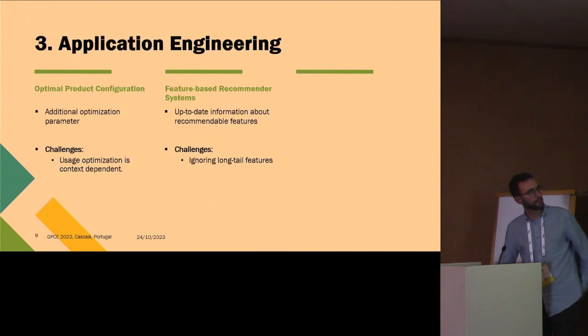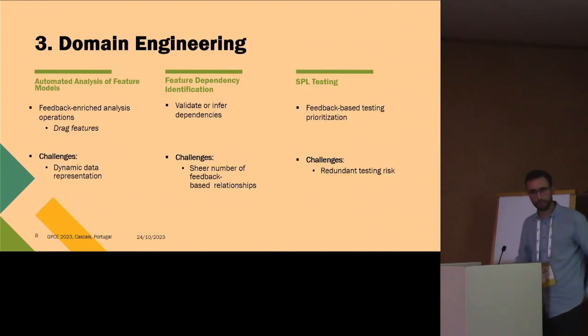The representation, I meant. Currently, feature models are some kind of static representation of the features of the product line. And if you want to make some analysis enriched by feedback, I think the most logical approach would be to move to another representation where you can include the feedback and do the reasoning on this new representation.